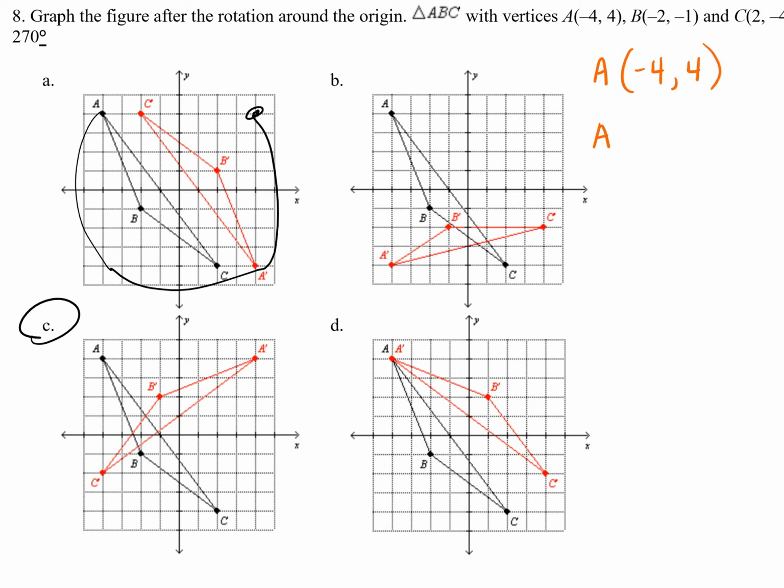So for A prime, we're going to swap them, and then the second one, the y becomes opposite. So that becomes 4, 4. And 1, 2, 3, 4, 1, 2, 3, 4. That is truly the correct choice. A is not in that spot on any other. So we can eliminate everything else and choose choice C.